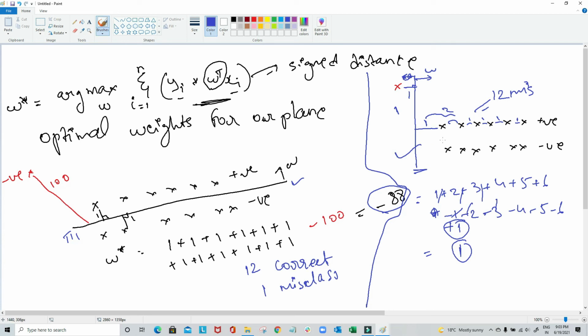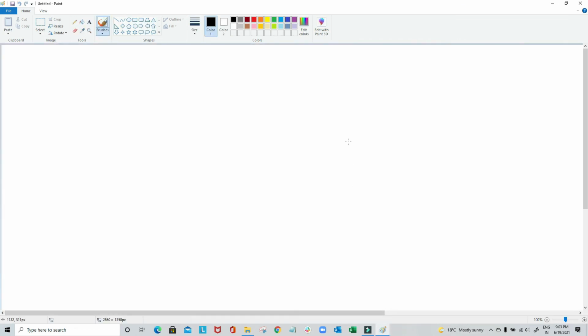So to summarize, outliers will impact us if we consider only the sum of sign distances, only this part. So how do we handle this? To handle this, there's something called squashing.